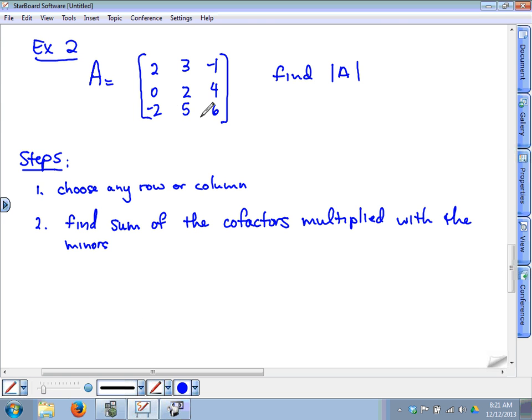Not all of the cofactors and not all of the minors, just whatever row or column you've chosen. So I'm going to choose this top row right here, 2, 3, and negative 1.